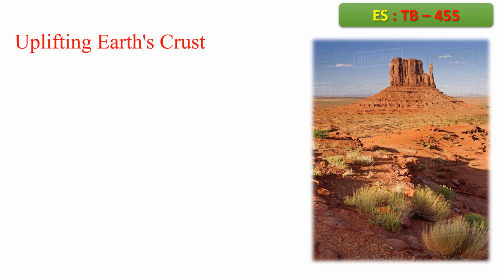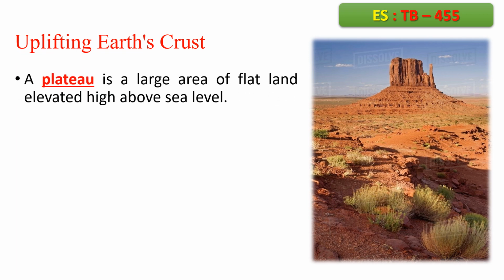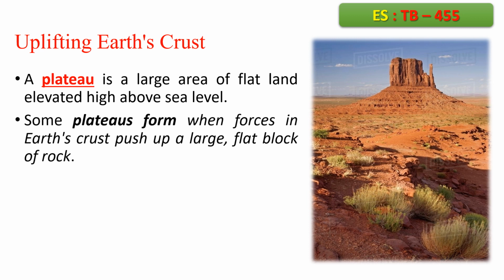Now we can check the last type of landform, plateaus, and how they are formed. Uplifting Earth's crust leads to the formation of a plateau. A plateau is a large area of flat land elevated high above sea level. Some plateaus form when forces in Earth's crust push up a large flat block of rock.